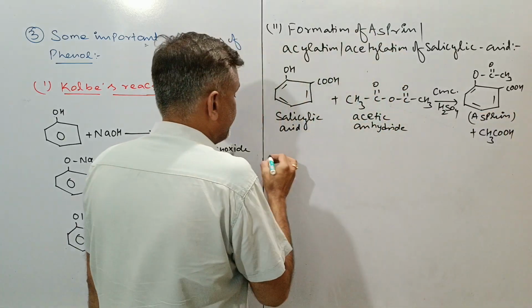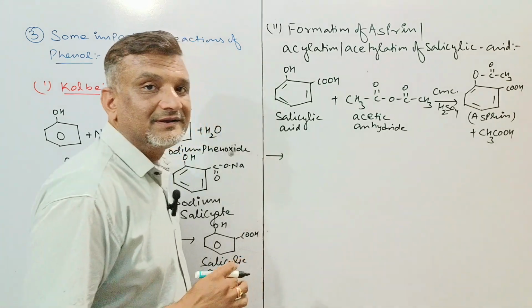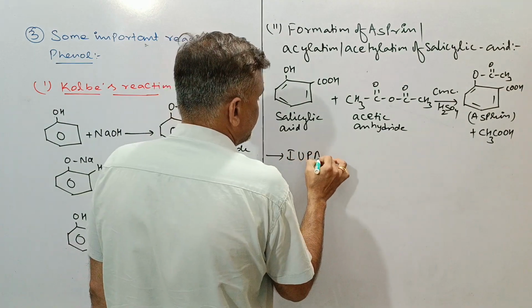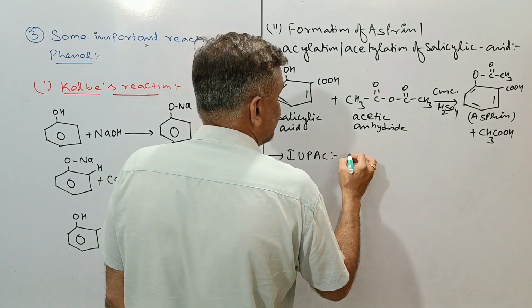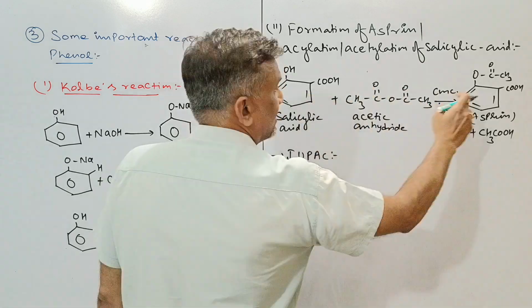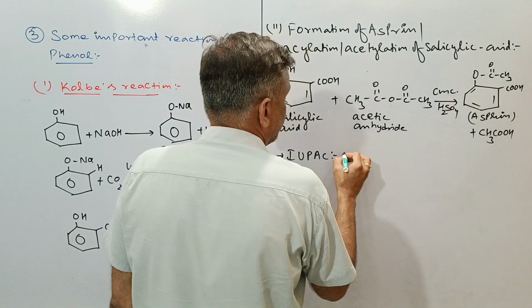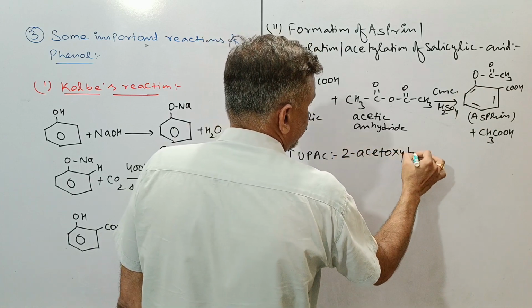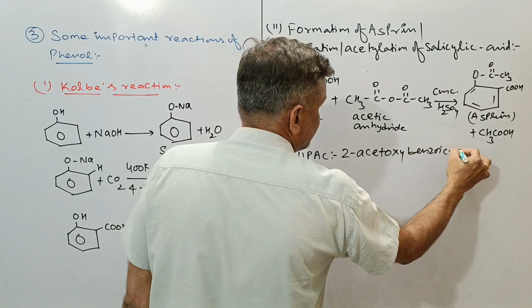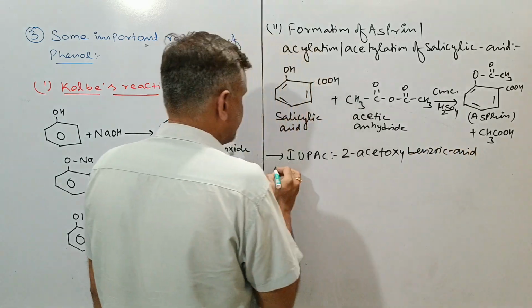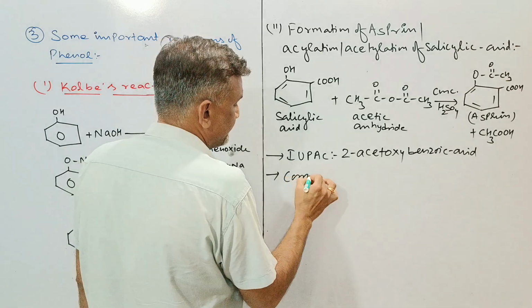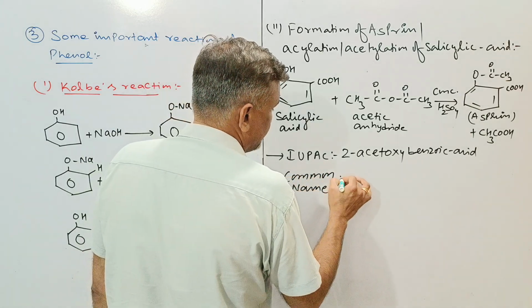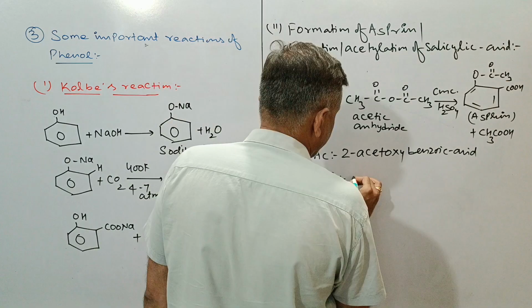Aspirin. If we go with the IUPAC name of aspirin, then it is called 2-acetoxybenzoic acid, or its common name is methyl salicylate.